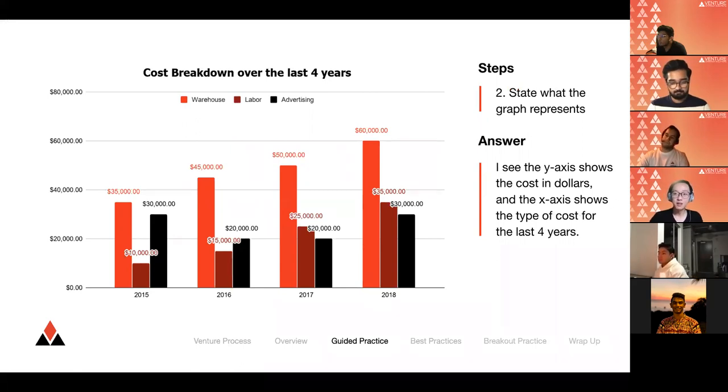This may sound a little dumb, but literally we suggest you read out what's on the y-axis, what's on the x-axis, what are each of the different segments and the different colors and different labels you see on the graph, because this helps you clear your thinking and make sure you know what is going on.